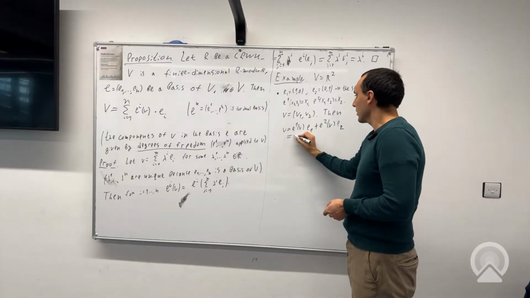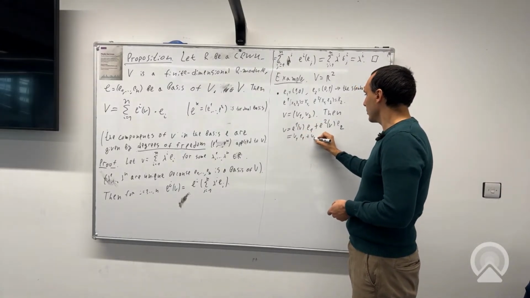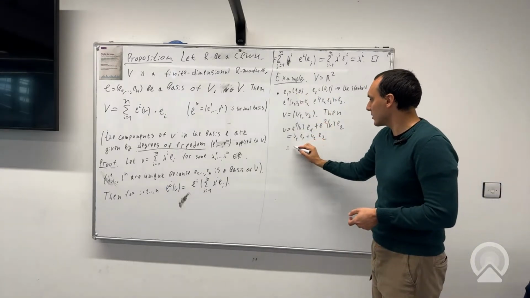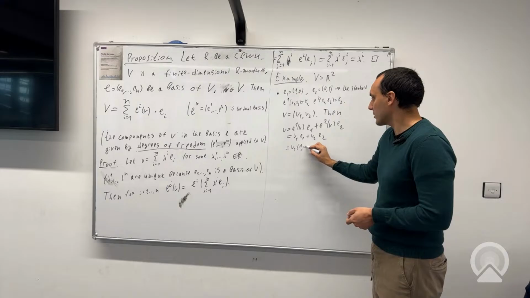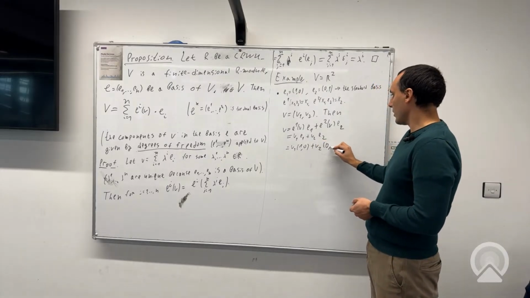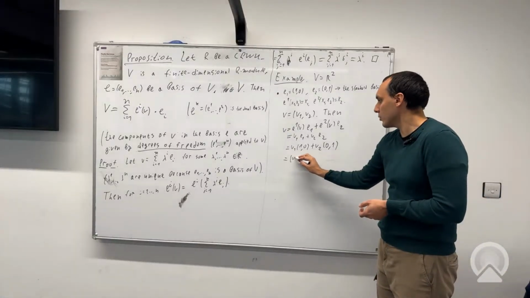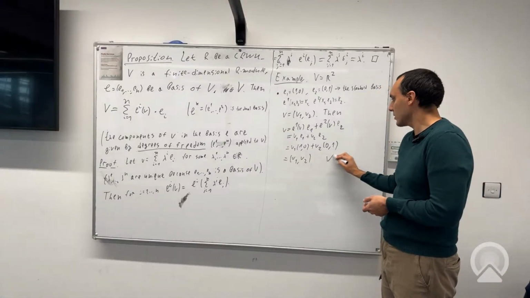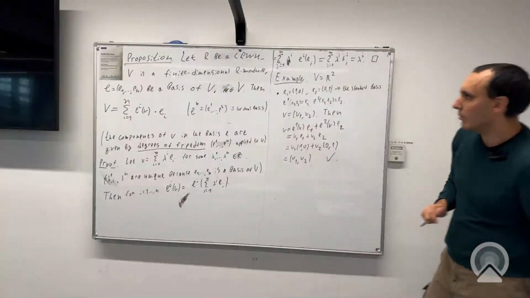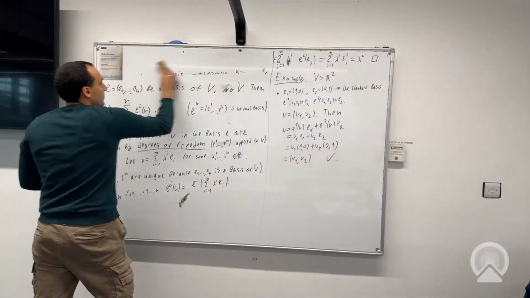So this is v1 times E_1 plus v2 times E_2. But let's unpack. This is v1 times (1, 0) plus v2 times (0, 1), which is (v1, v2). So this is fine. Now let's consider another case.